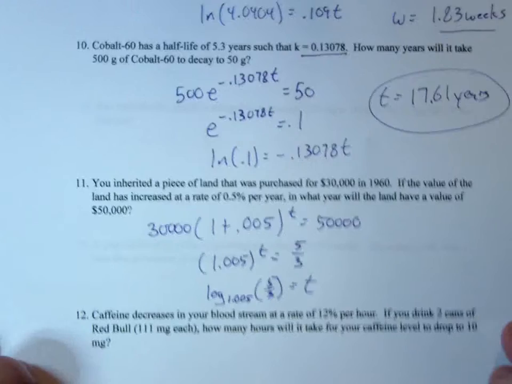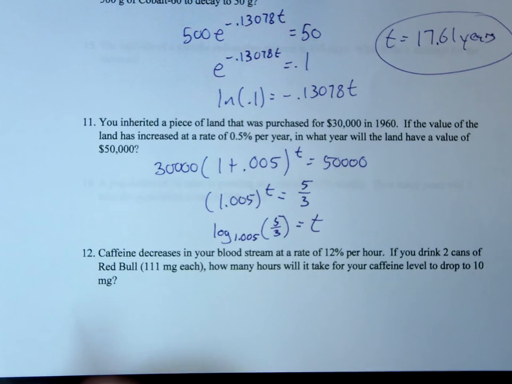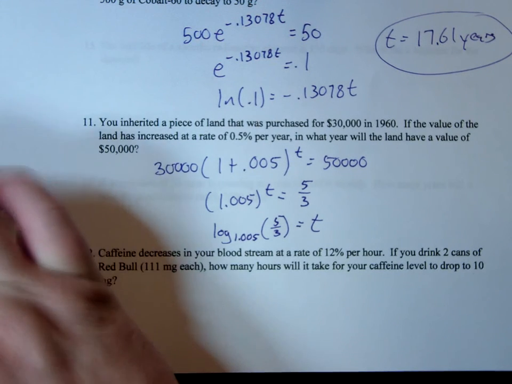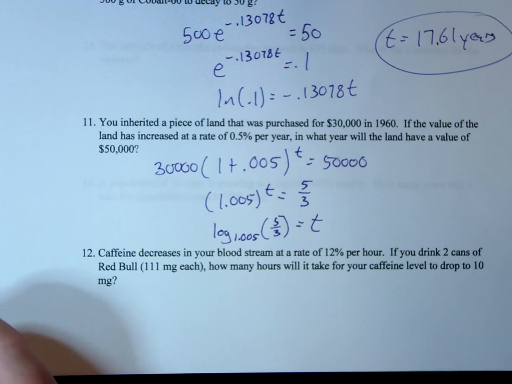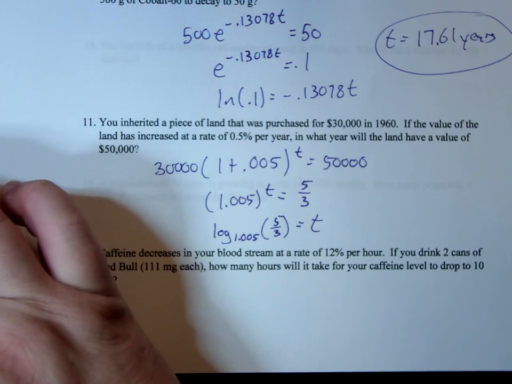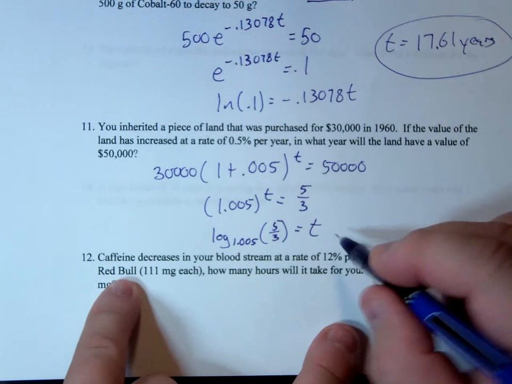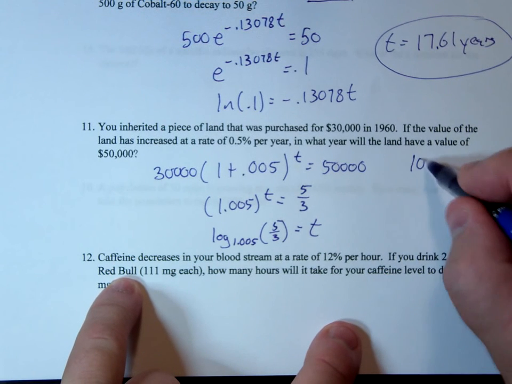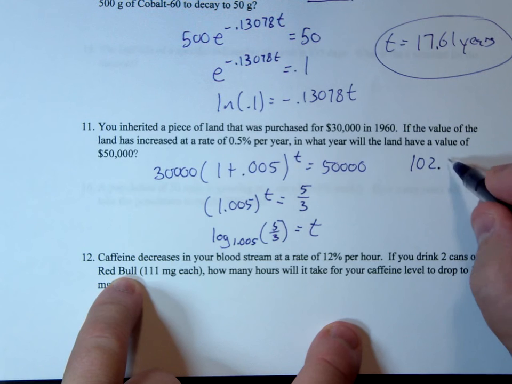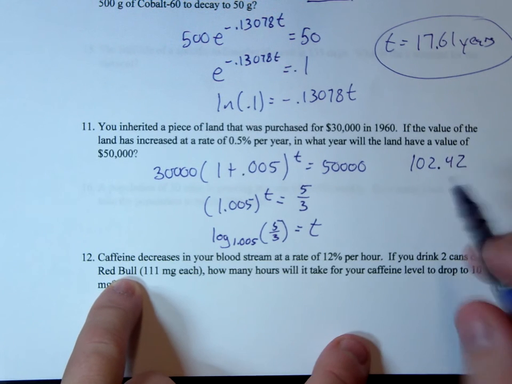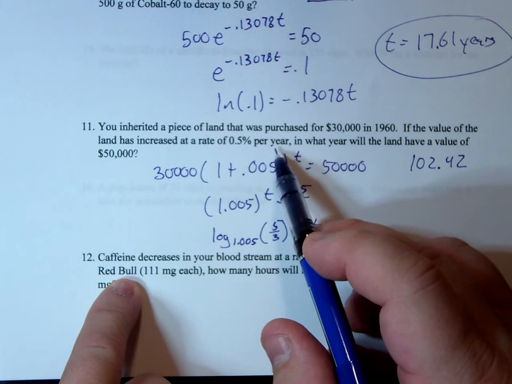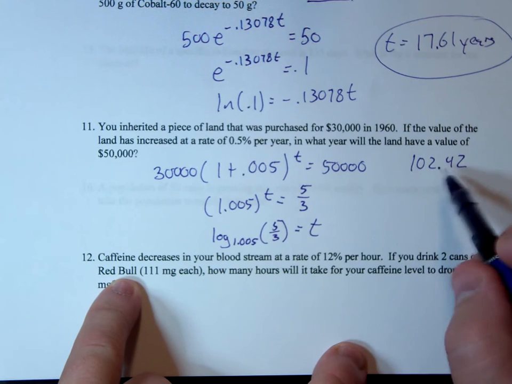You guys can see that. Log base 1.005 of 5/3, and that's 102.42 years. So let's just round that to 102 years.